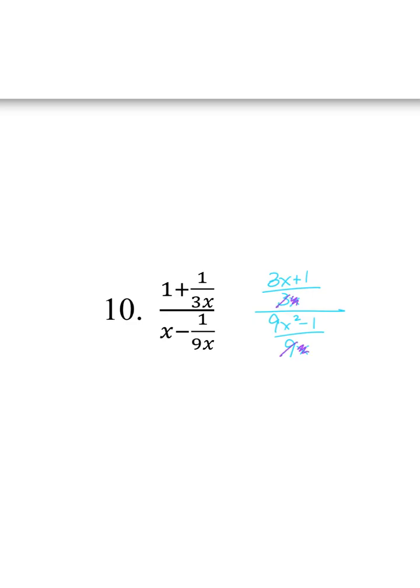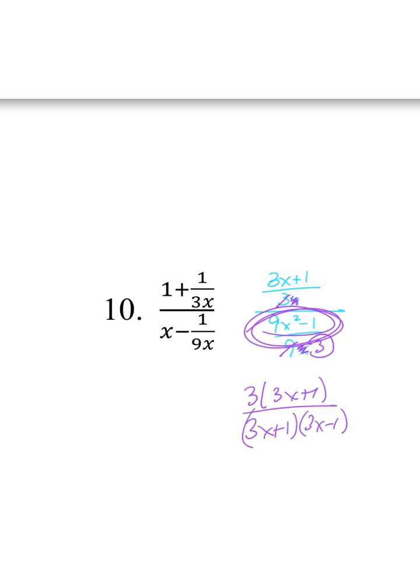That 3 and that 9 reduce, which puts this up into the numerator. So now my problem is looking more like this. 3 times 3x plus 1 over, and I'm going to factor that, 3x plus 1, 3x minus 1. Those cancel, and my whole answer here is 3 times 3x minus 1.